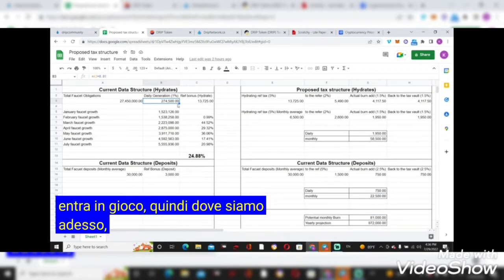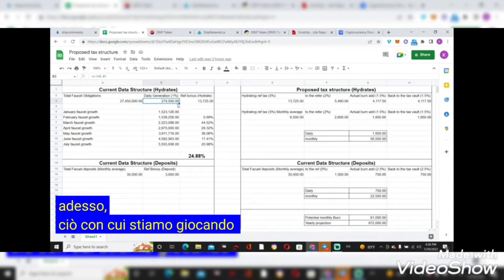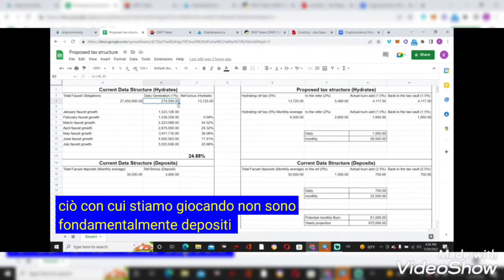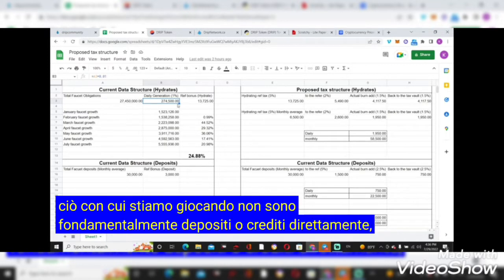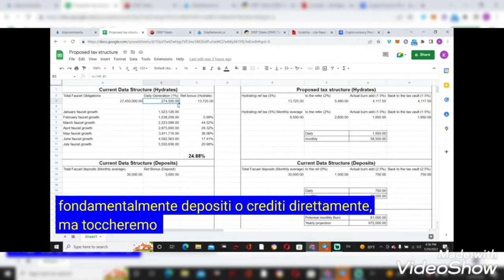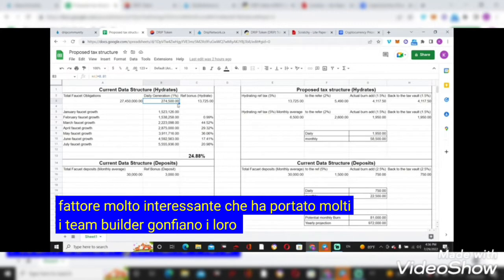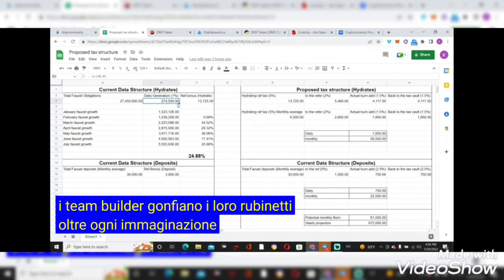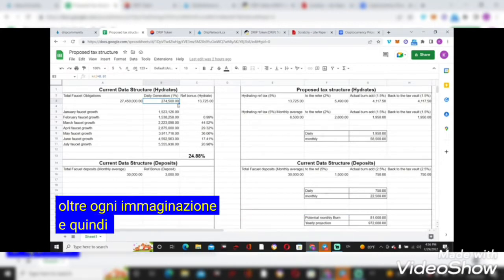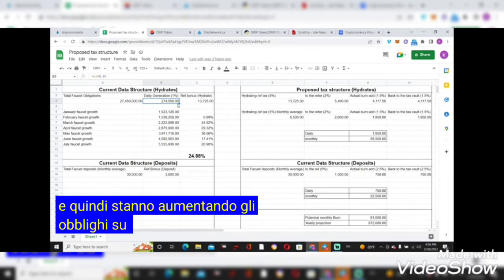Now, what we're playing with here is not basically deposits or claims directly, but we're going to touch upon a very interesting factor that has led many team builders to inflate their faucets beyond imagining, and hence they are increasing the obligations on a monthly basis.